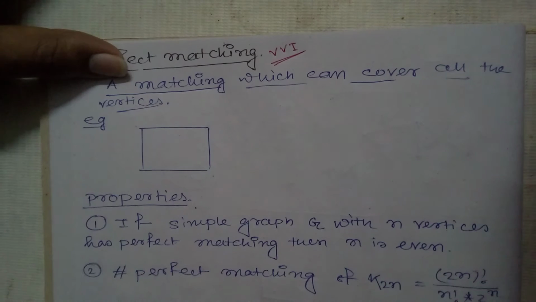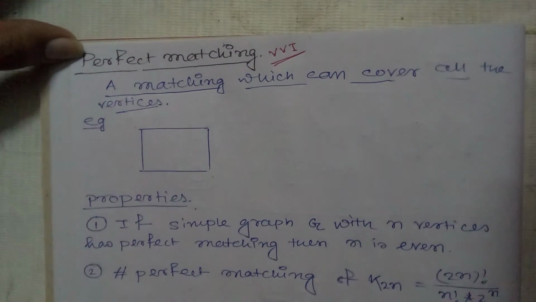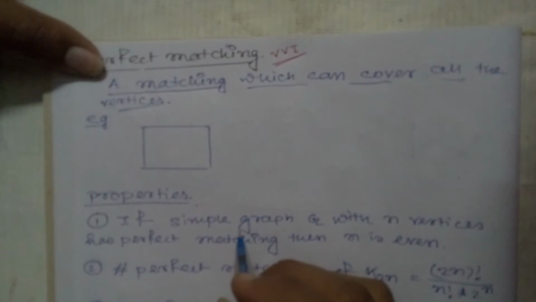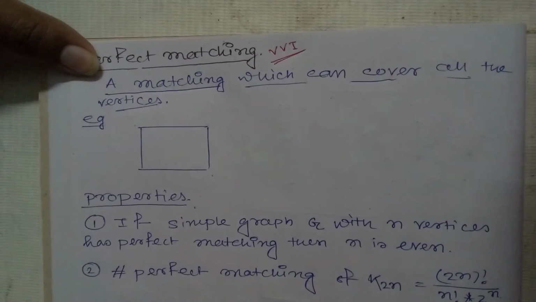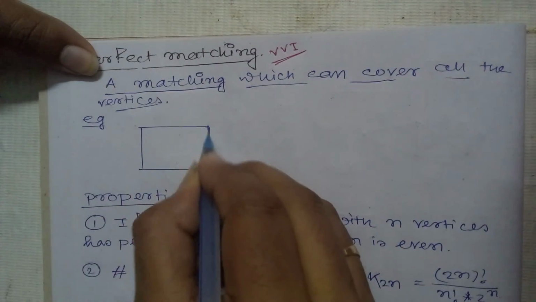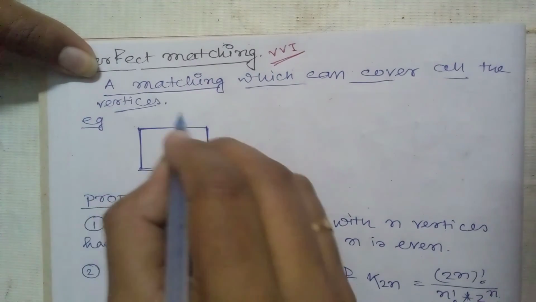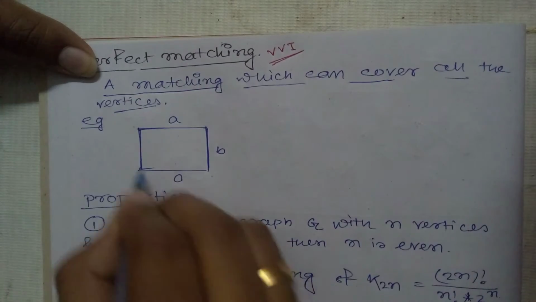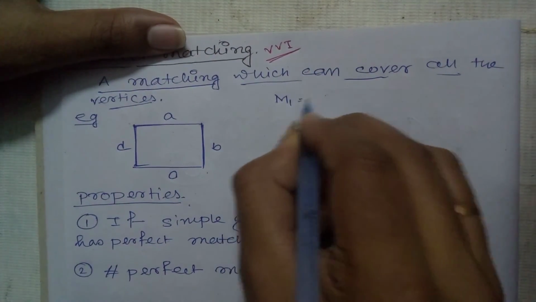This means it needs to be a matching, and one that covers all the vertices is called a perfect matching. So let's see one example. This is the graph that we have. Let's give names to the edges: A, B, C and D. So let's define some matchings.